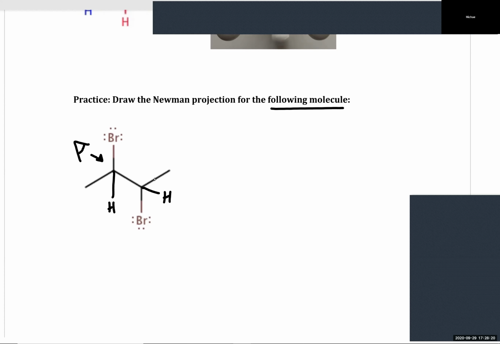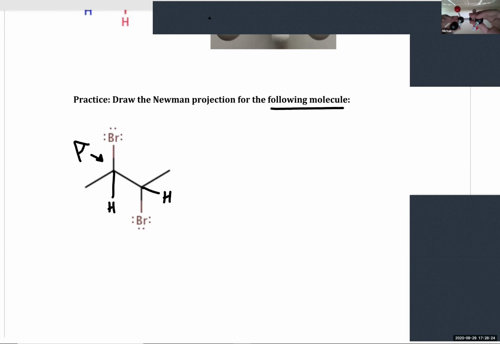Okay, so here's my rough sketch model of this molecule, where the black atoms are our carbons, the red are our bromines, and the white are our hydrogens. Does everyone have something pretty similar to what I have here? Does everyone understand where I got this model from, how I made this model?